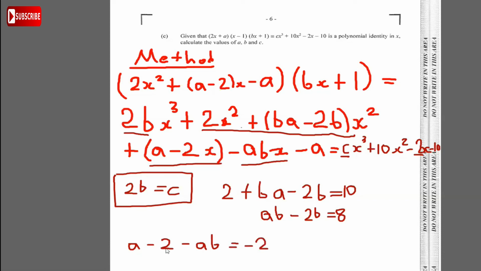So if you want, you can bring over the minus 2 and add 2 to both sides. So really you're getting that a minus ab is equal to 0. All right. So these are the equations that we're finally reducing them down to.